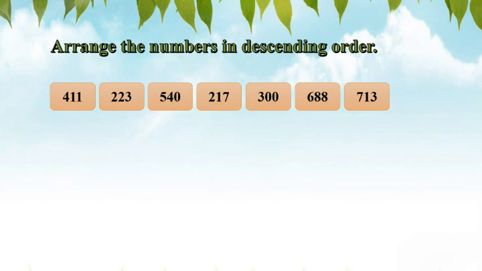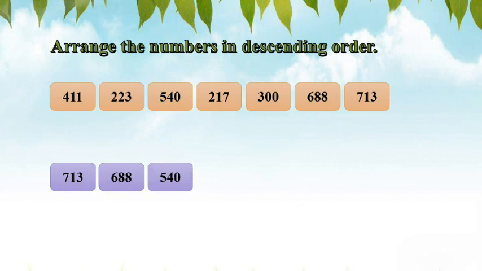Have you done, students? Okay, let's start. Which number is first? Yes, we have to start from 713, and the next number is 688. Okay, what is the next number? Who can tell? You all have done the answers, right? Okay, yes, the third answer is 540.